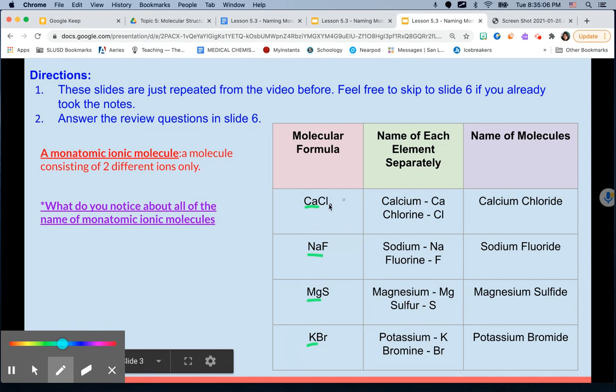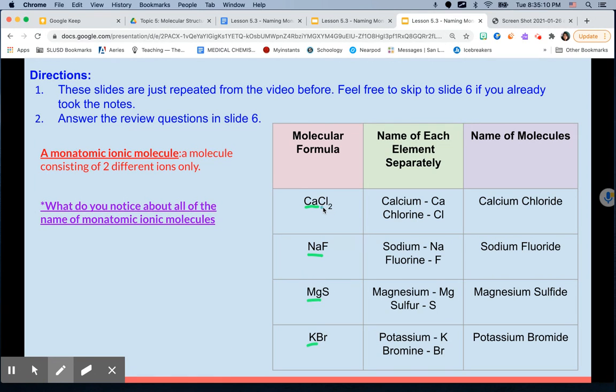Then next to that, a is lowercase, but then it's capital C, so this is the start of another element. Every time I see a capital letter, that is a signal to me that it counts as one element. That's why the second letter is always lowercase. And if it's only made up of two elements, that is a monatomic ionic molecule. See, super long name for something pretty straightforward.